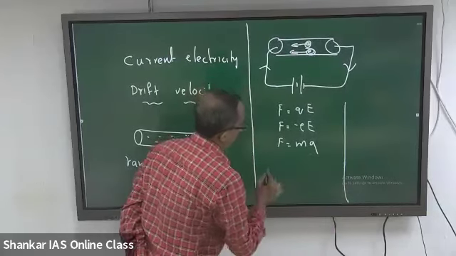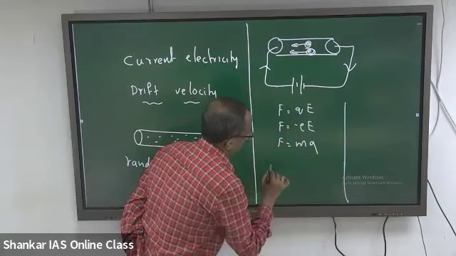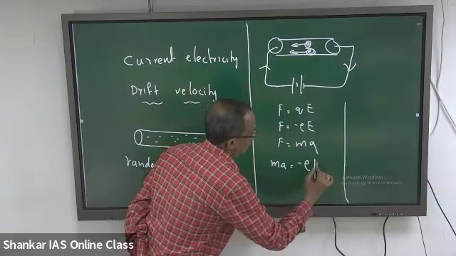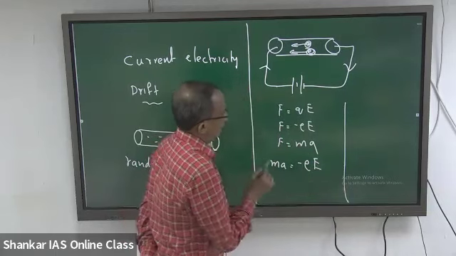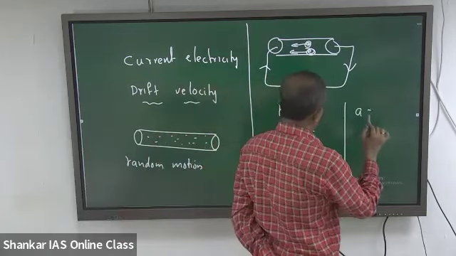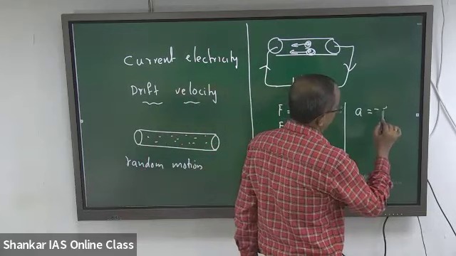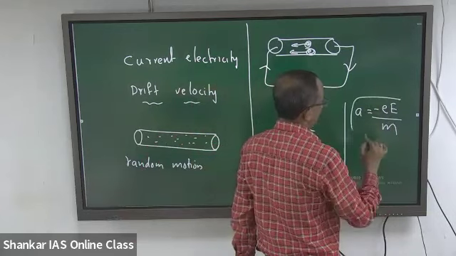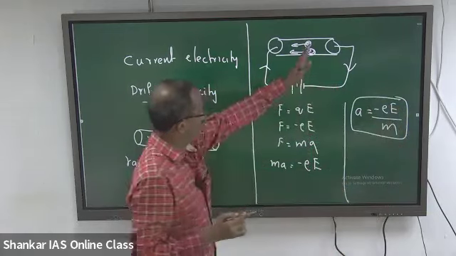Both are the same: ma equals minus eE. Then a equals minus eE by m. This is the acceleration of the electrons in a conductor.